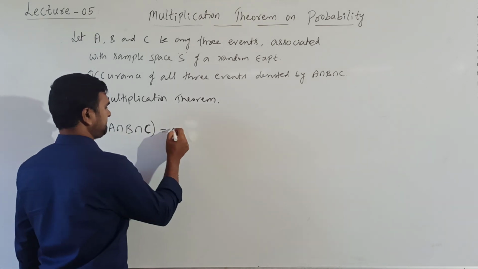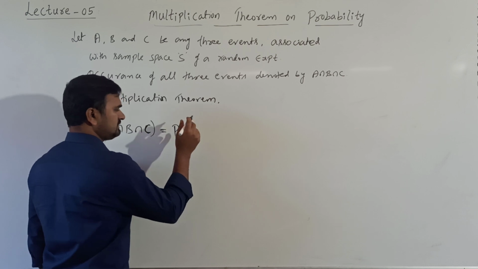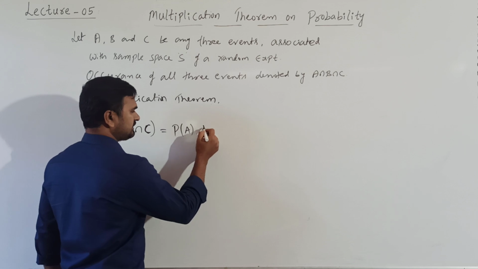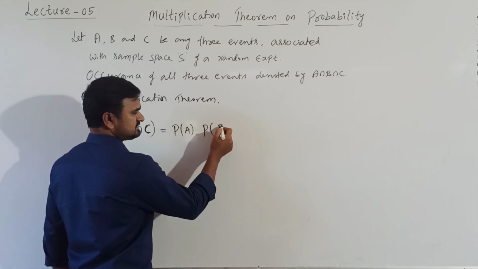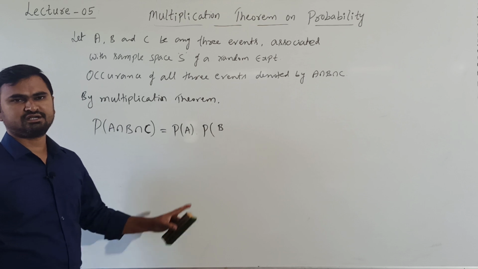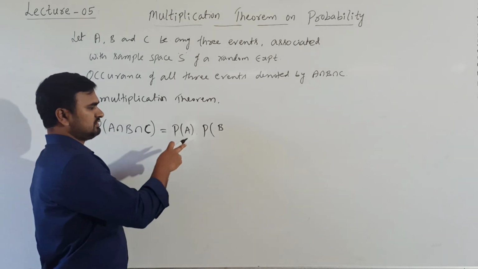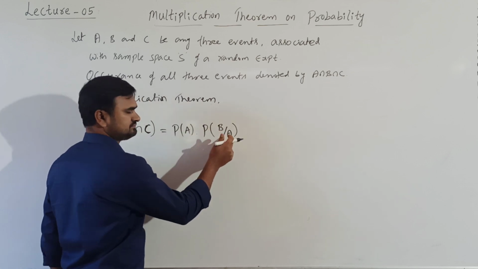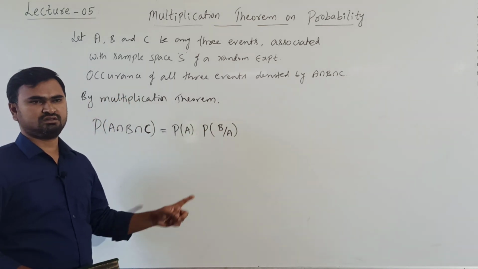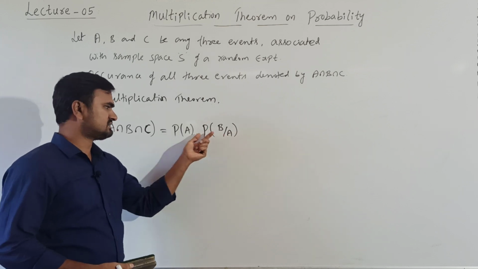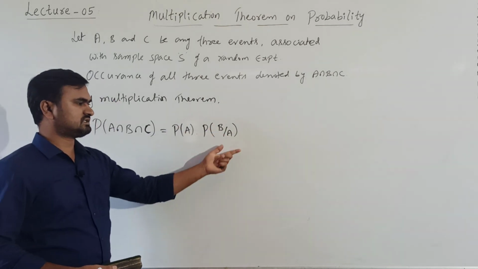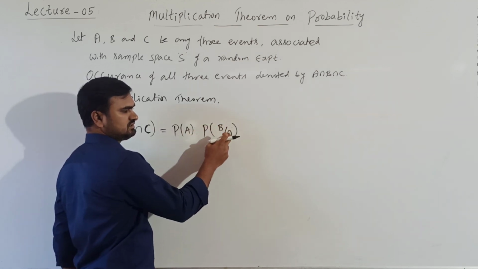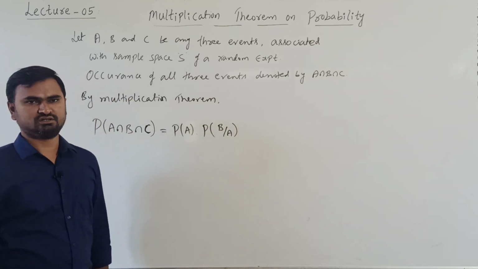Suppose I take A. So it is probability of occurrence of event A, then probability of occurrence of the second event, that is B. Simply we cannot write P of B because event A has already occurred. So we have to write probability of B given A, because event A has already occurred.